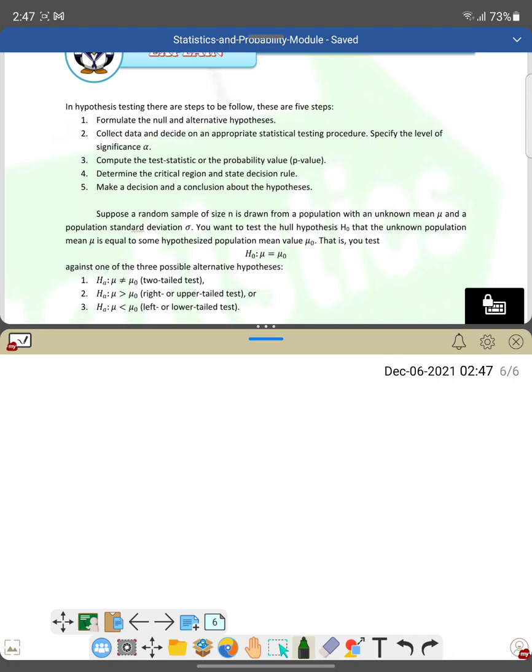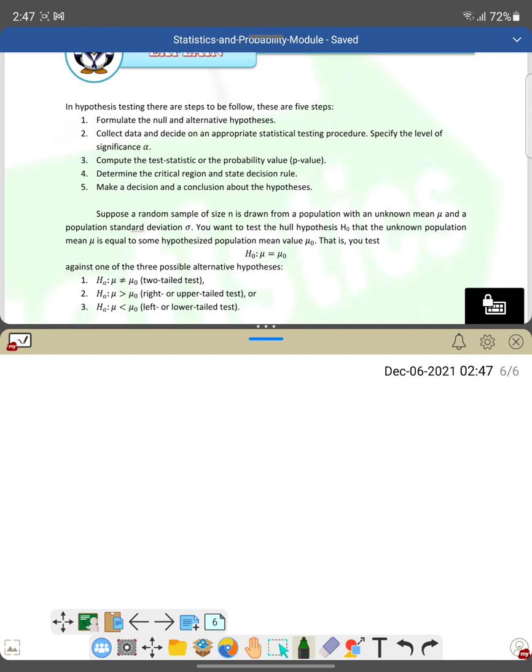The decision rule is that if the value is located in the rejection region or the critical region, we will reject the null hypothesis. But if the computed value is located in the non-rejection region, or what we call the acceptance region, we will accept or not reject the null hypothesis. Okay, so that is what we will base on, and finally you need to state that one.